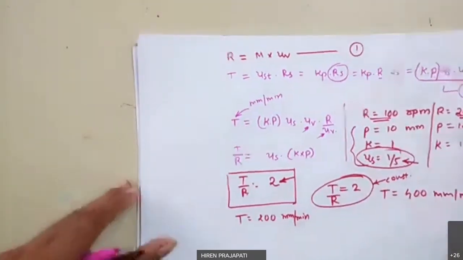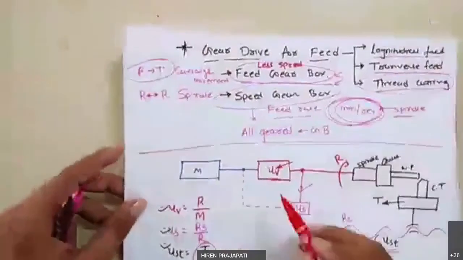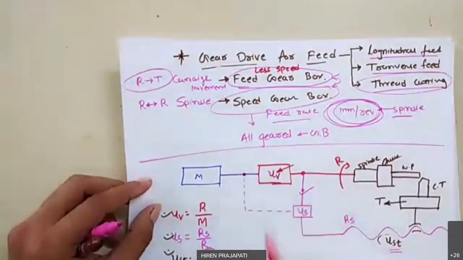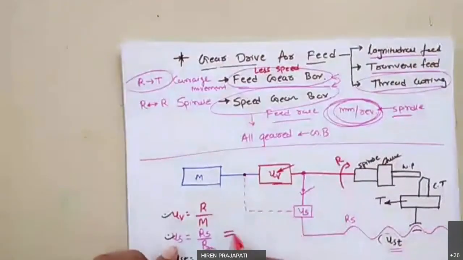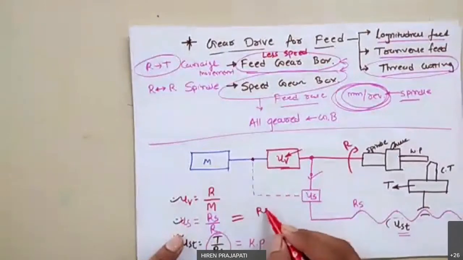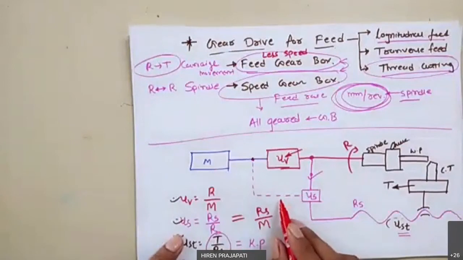But if you connect this feed box before the speed box, means here, then what will be US? Your US equation will change. This US is now RS by M, because the input speed is constant RPM from M, right?